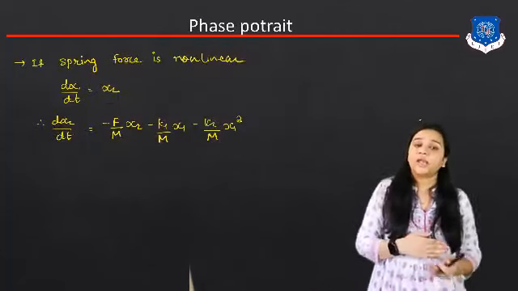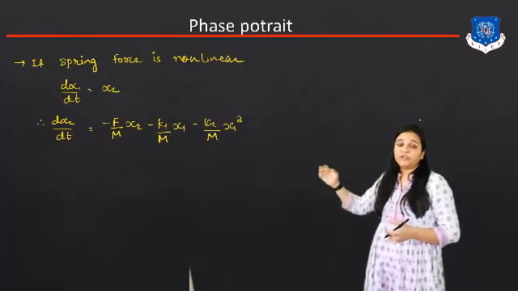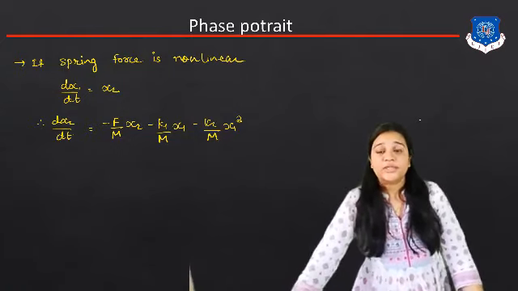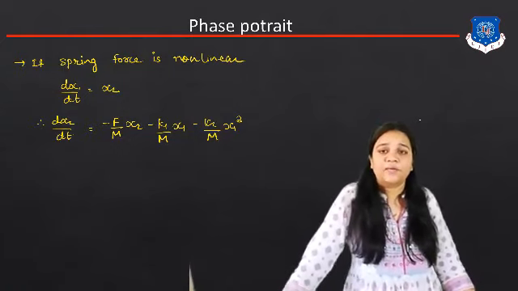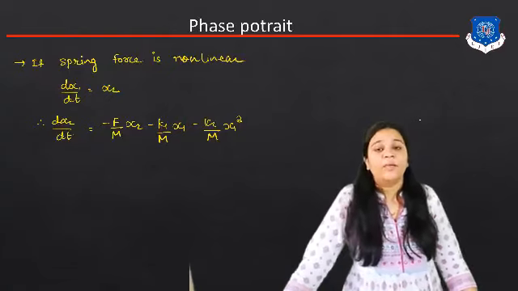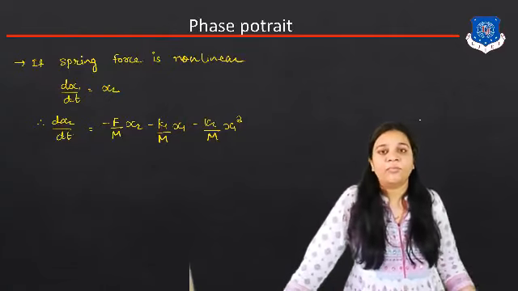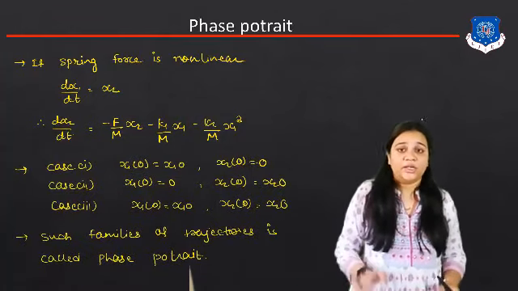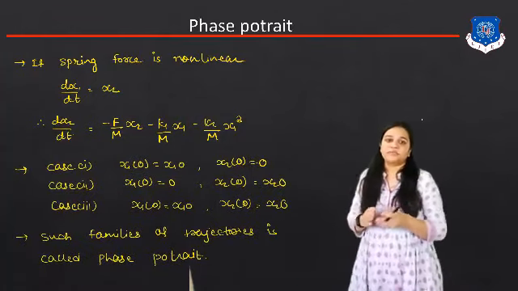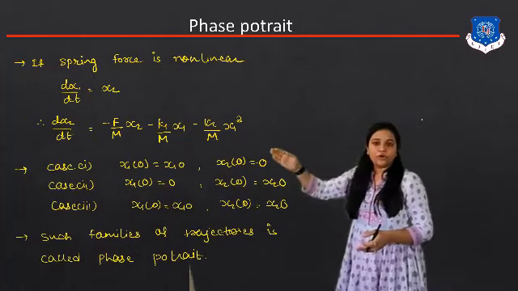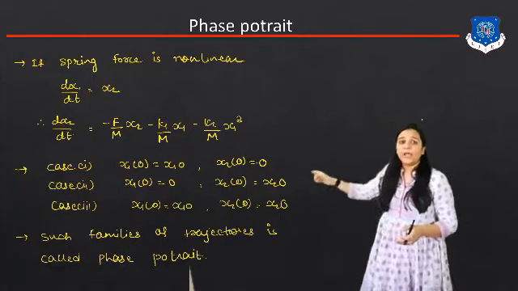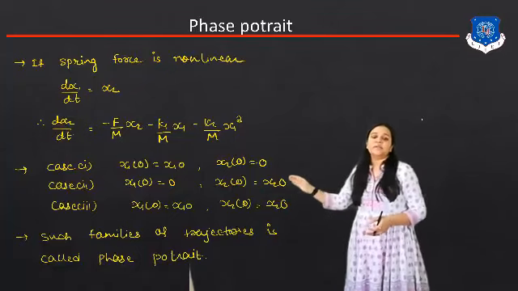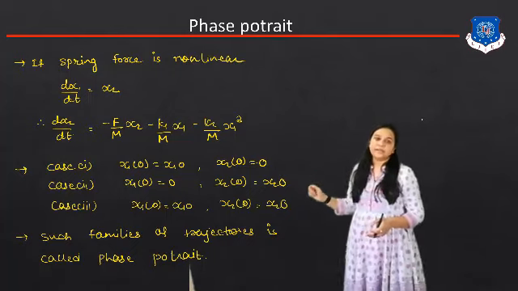Okay, let us take one example. If the spring force is non-linear, then dx1 upon dt is equal to x2, and dx2 upon dt is equal to minus f by m x2 minus k1 by m x1 minus k2 by m x1 cube. In case 1, x1 of 0 is equal to 0 and x2 of 0 is equal to 0. In case 2, x1 of 0 is equal to 0 and x2 of 0 is equal to x2 of 0.